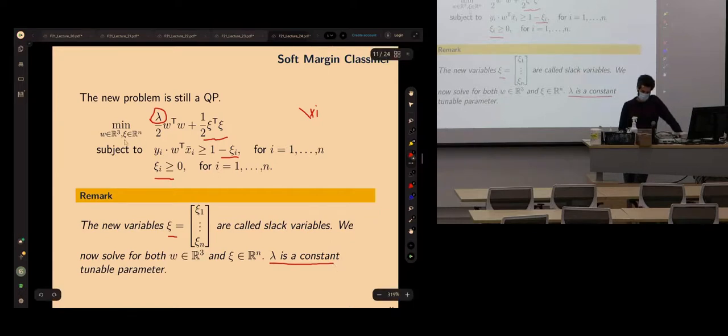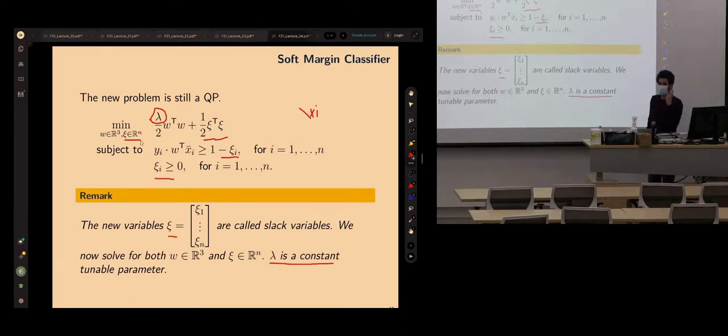So I draw a hint here. Instead of solving for 3 parameters, I need to solve for 3 plus n parameters. What if you have 1,000 data points? Now, instead of 3 parameters for the W, I need to solve for 1,003 parameters. That's a much bigger problem to solve.